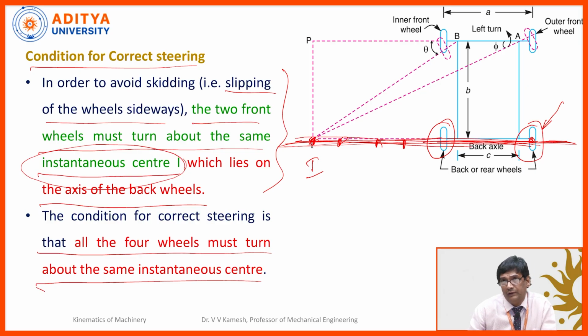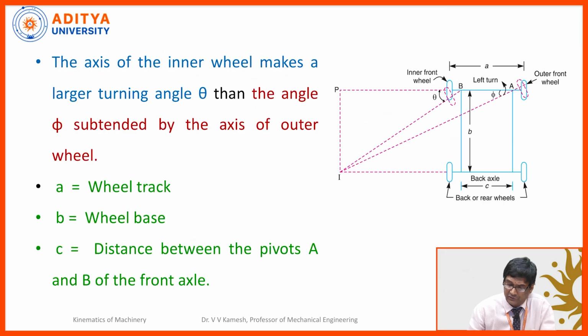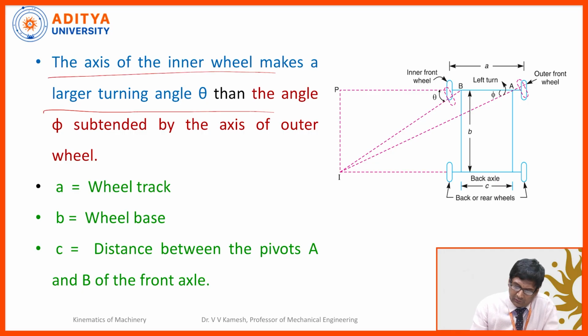Now we will do the mathematical calculation to get the correct steering condition. The axis of the inner wheel makes an angle theta, and the angle phi is subtended by the axis of the outer wheel.